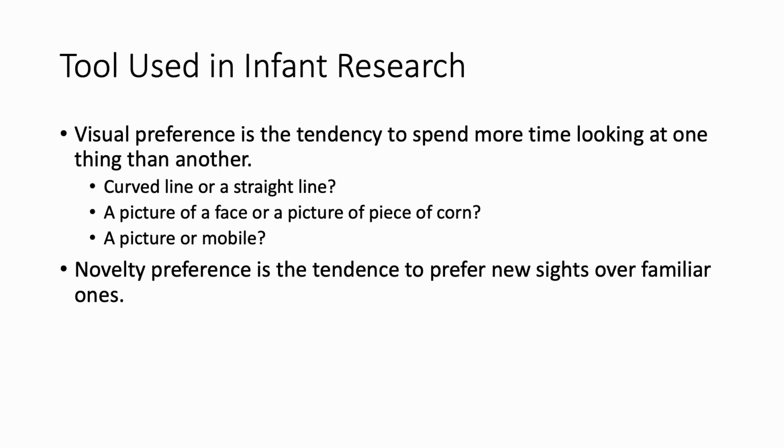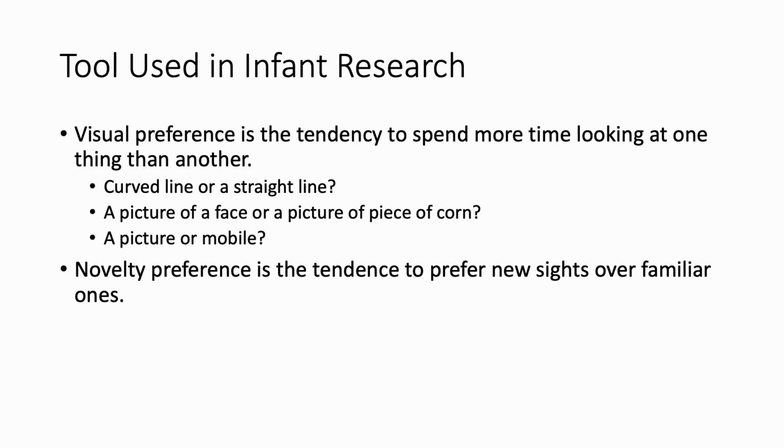Research with infants isn't as easy as asking them what they prefer. One tool that can be used is visual preference, which is the tendency to spend more time looking at one thing than another. A baby will look at a curved line longer than a straight line, implying that it's more interesting and they prefer it.